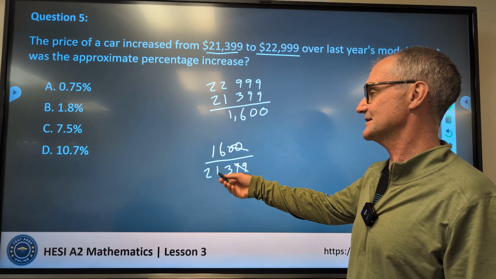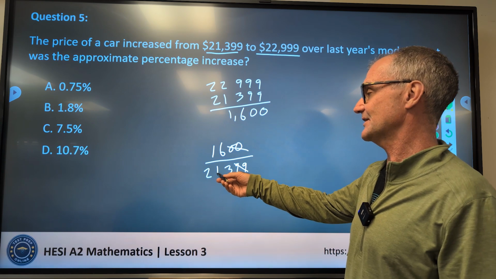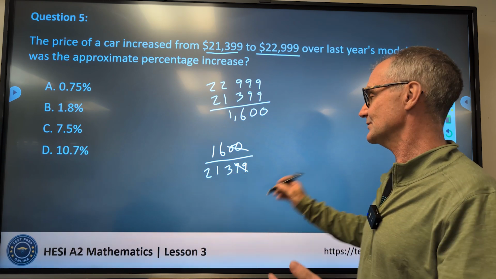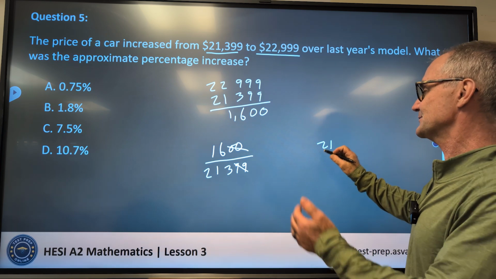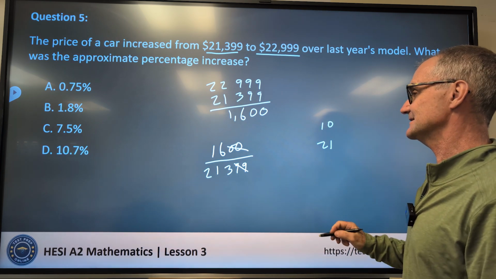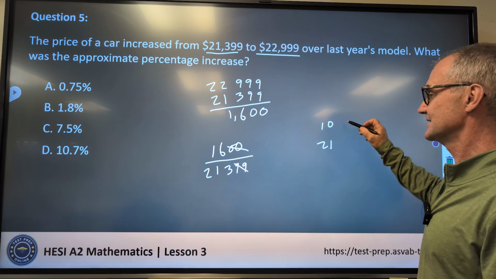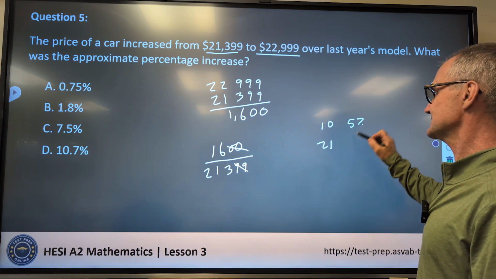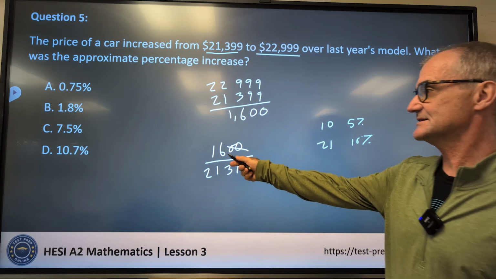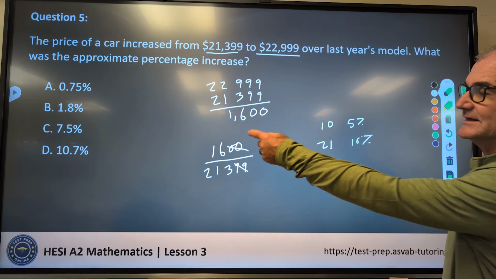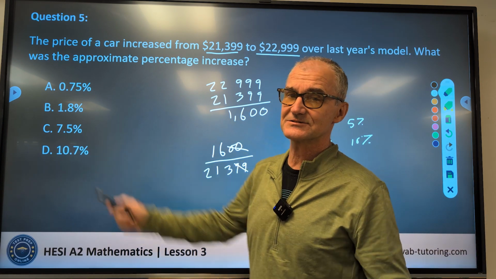That would be 10%. 1% would be 2. 5%, well, if 10% is 21, 5% would be half of that, like 10. And we're somewhere between 10 and 21, right? So this is the 5% increase. This is a 10% increase. And we're 16, halfway between there. The only answer that's going to work is 7.5. So it has to be answer C.